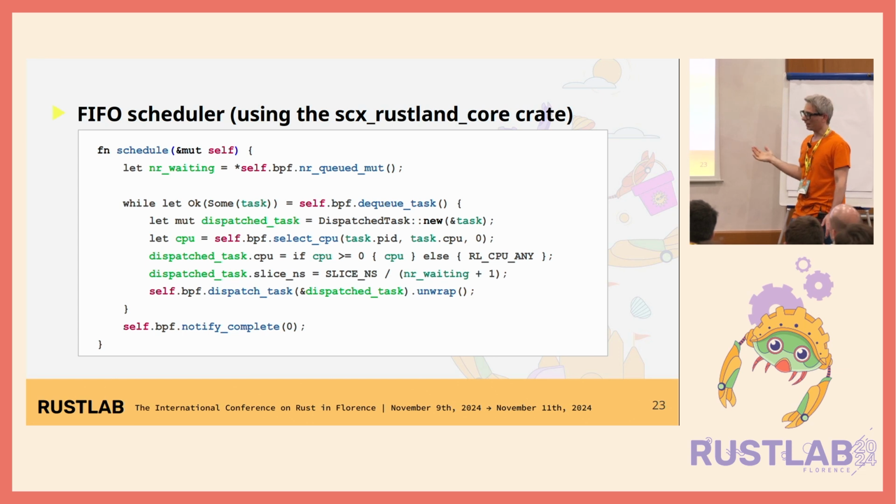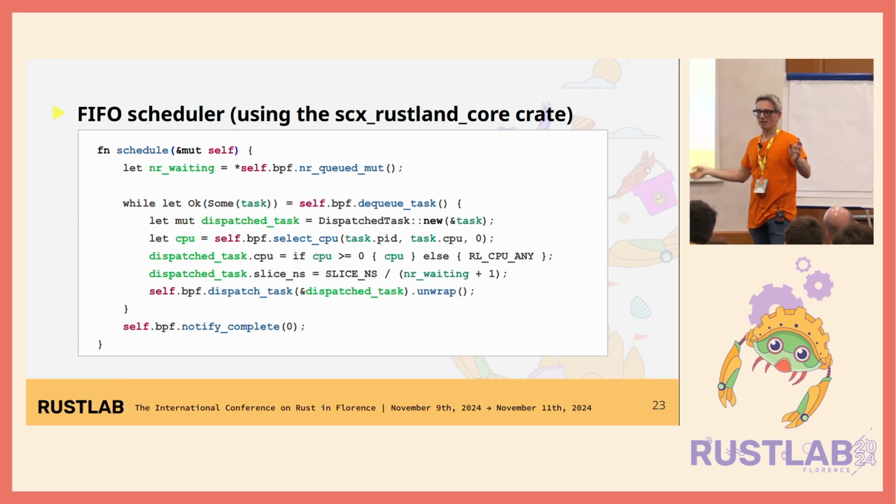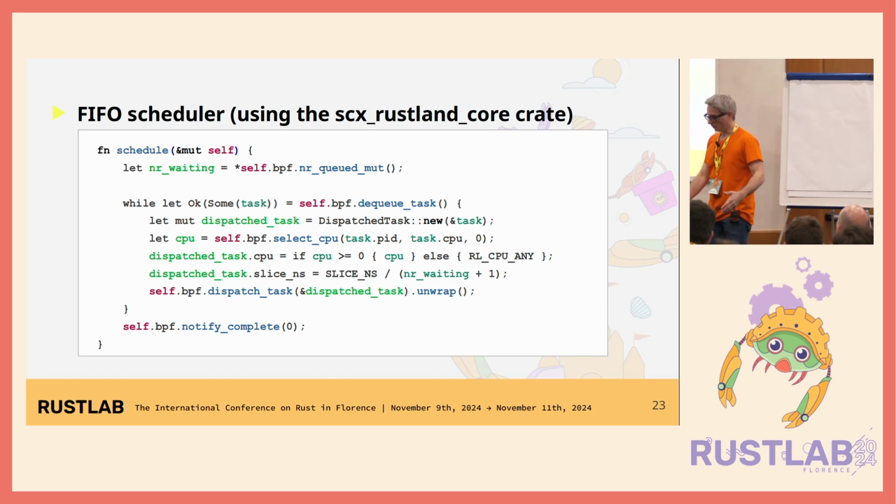Then you dispatch the task, and the backend will do all the job of interacting with BPF, channeling events, and whatnot. And you will end up having your task run on the target CPU for the amount of time that you have specified.